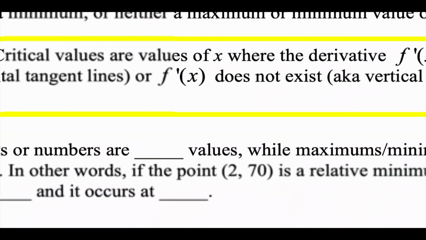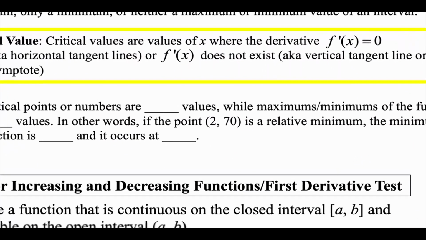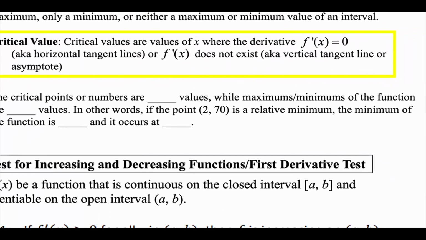So wherever the derivative equals 0, aka a horizontal tangent line, or it doesn't exist. So anywhere the function changed from increasing to decreasing, or the opposite, from decreasing to increasing. Anywhere it changed direction.